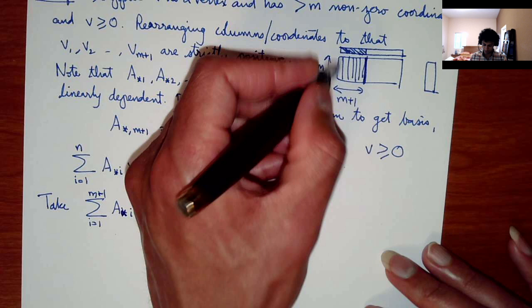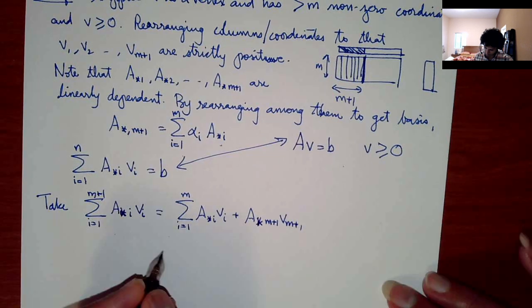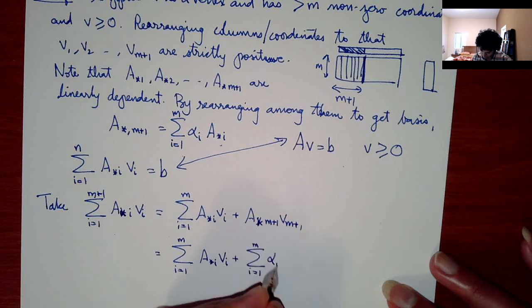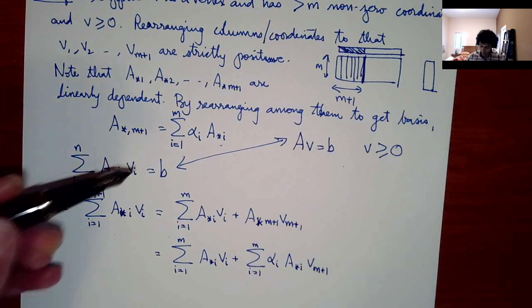So I know that this is a linear combination, so let me just plug that in: A star i Vi plus the summation of i going from 1 to m of alpha i A star i times V m plus 1. Now using these, I'm going to compute my W.